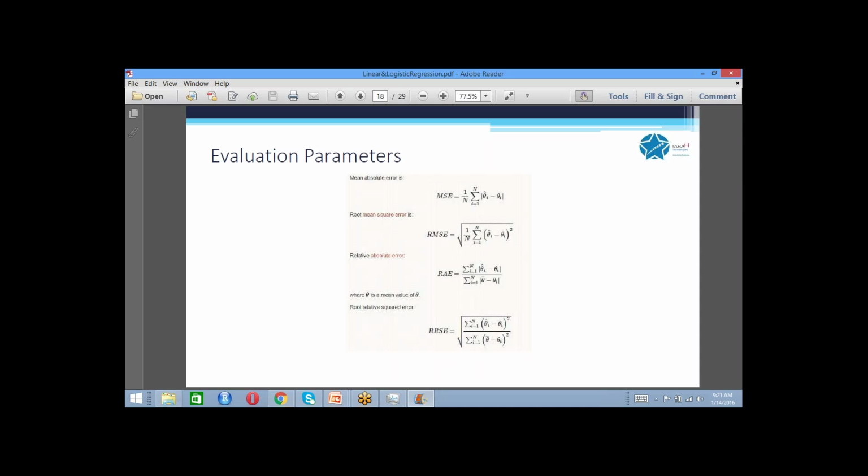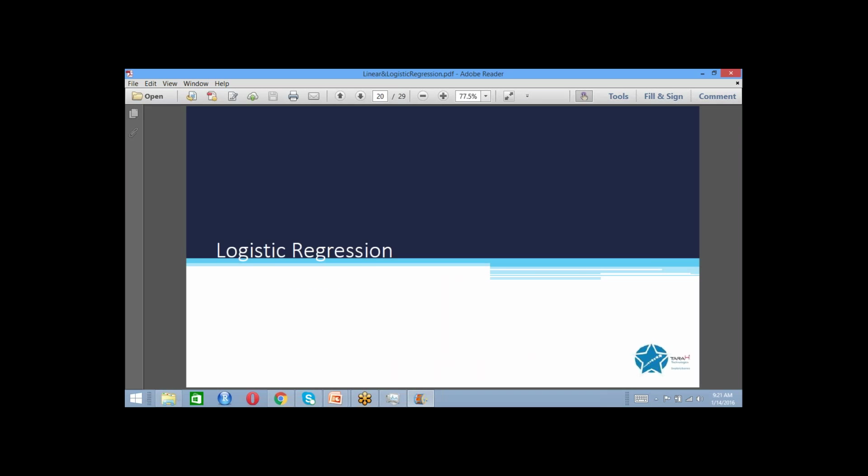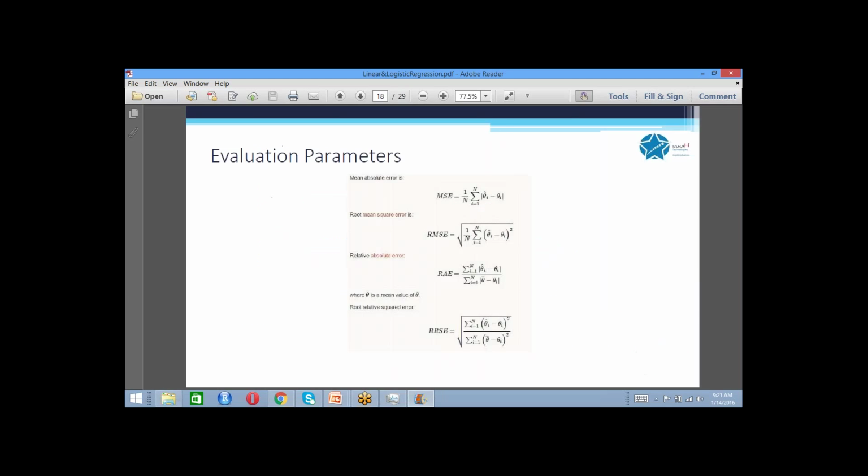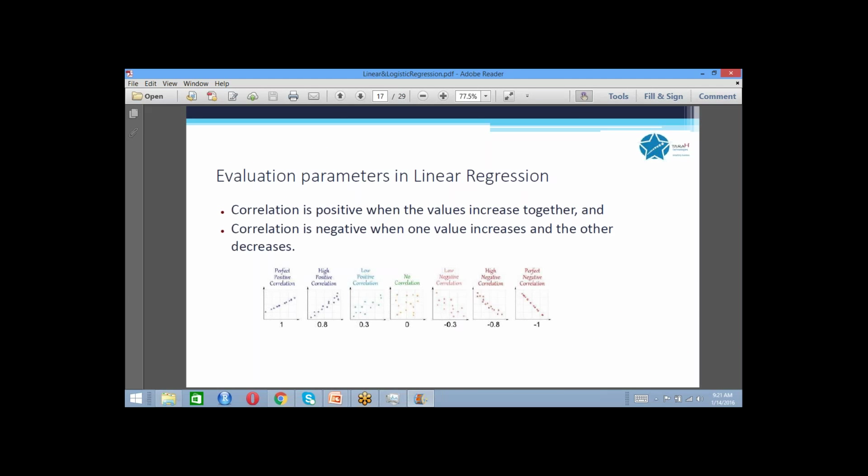But usually what happens is, if you look at several of these variables, it is not that all the variables are equally correlated with the output.